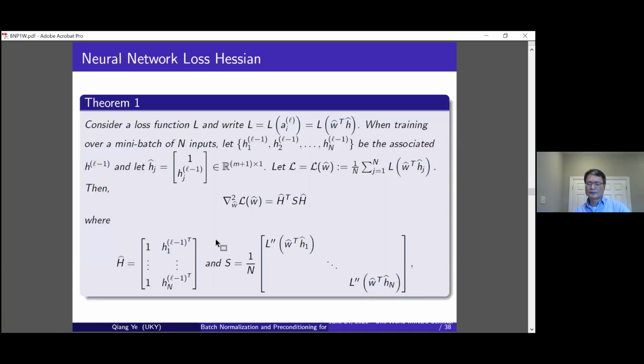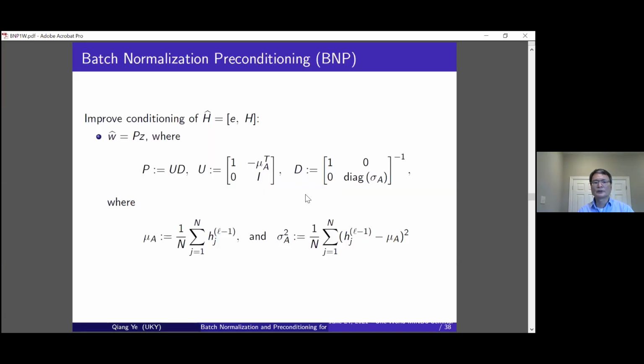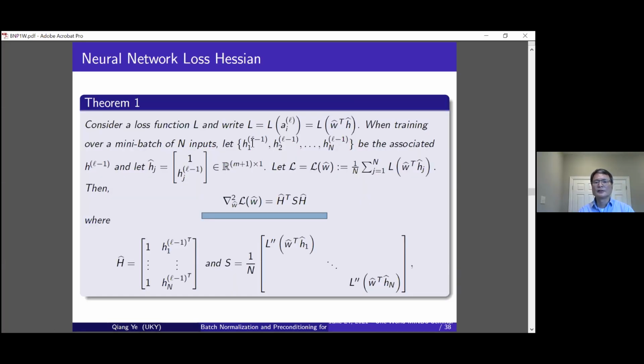So here's a theorem. It's a very, very simple theorem. Basically, just compute derivatives to find the Hessians. If I have a loss function, it would be a function of W hat, H hat, through a_i^L, so I write it as L of that variable.